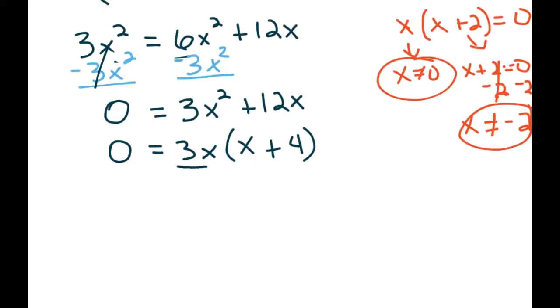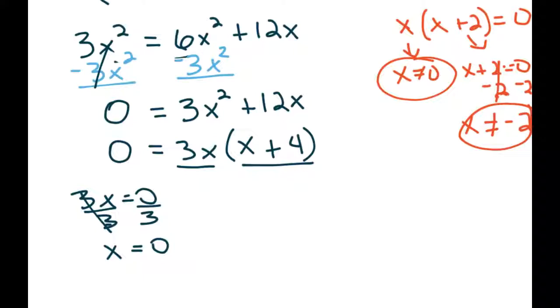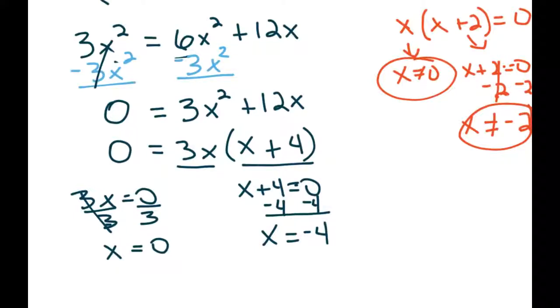So now I'm going to take each individual factor. 3x equals 0. Divide both sides by 3. X equals 0. And then x plus 4 equals 0. Subtract 4 from both sides. X equals negative 4. So I've got an x equals 0 and an x equals negative 4 as a solution.